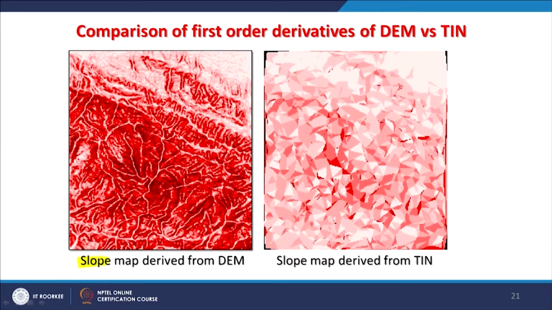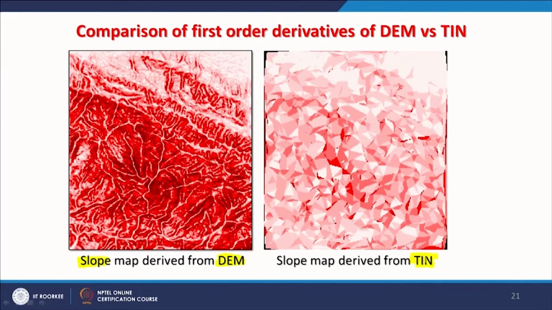So for the same terrain, two different outputs, because here I have a raster in the form of a digital elevation model, and here on the right side I have a TIN. Because a TIN is represented through triangles, facets, therefore in your slope map it looks like this. Now in nature things may not be exactly like TIN or DEM based slopes, because these are all models.